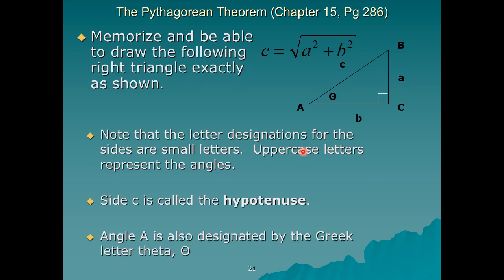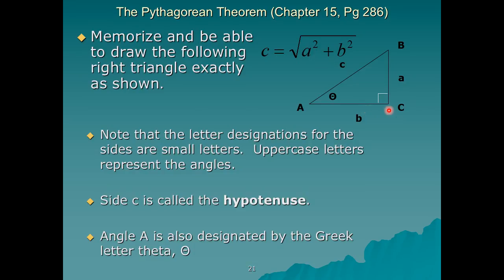Okay. Now, this is a very famous theorem, which is based on a right triangle. Most of the discussions in trig are based on the right triangle. We pretty much know the right triangle, but let me introduce it in a different manner, because we have three different angles in the right triangle.